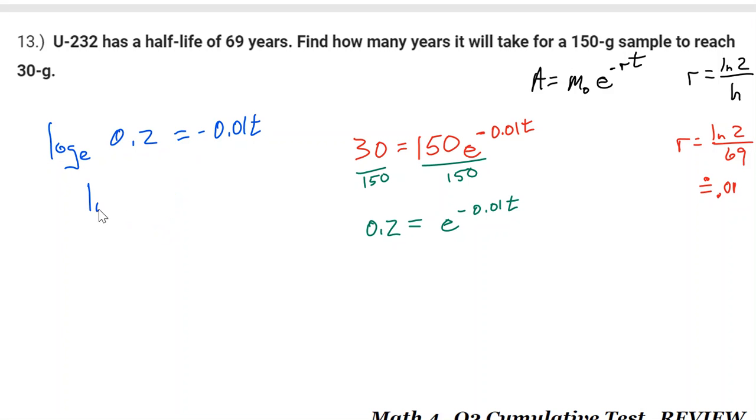Well, log of e, you might as well say natural log. We're going to figure out the natural log of 0.2 and then divide it by negative 0.01. Okay, so natural log of 0.2 is negative 1.61 roughly.